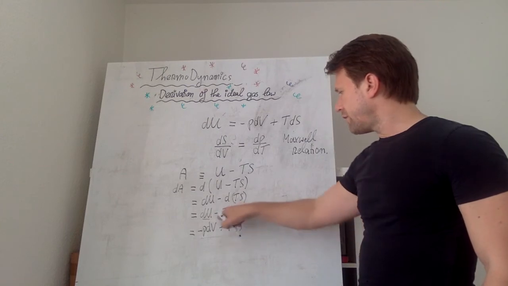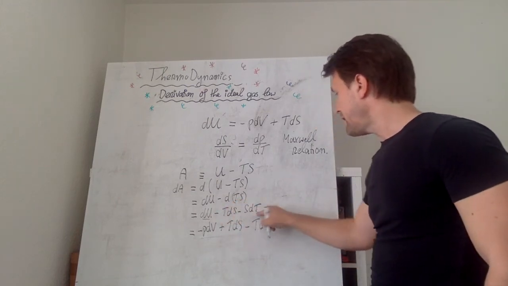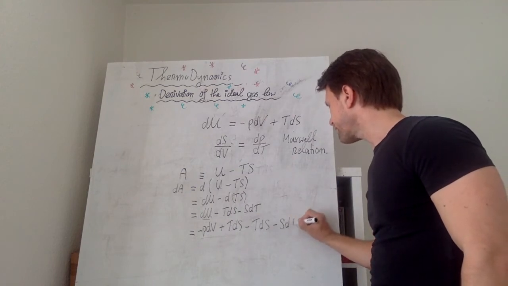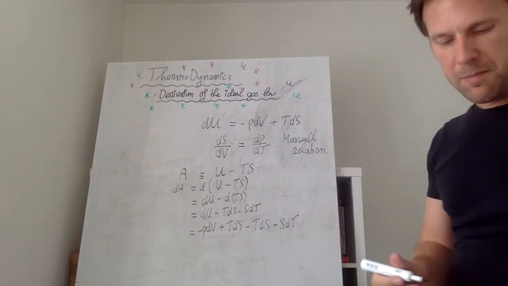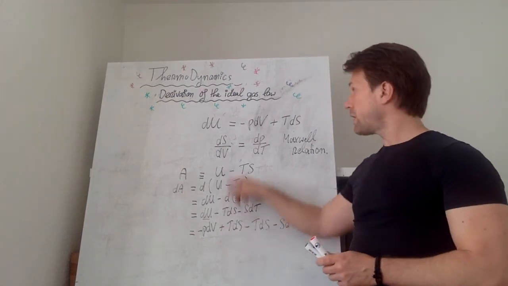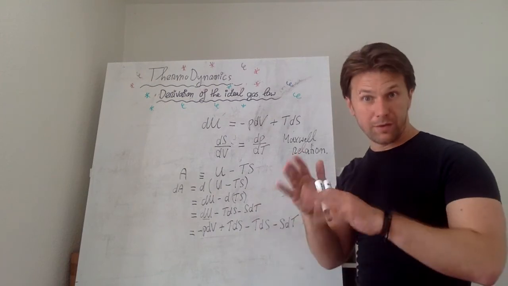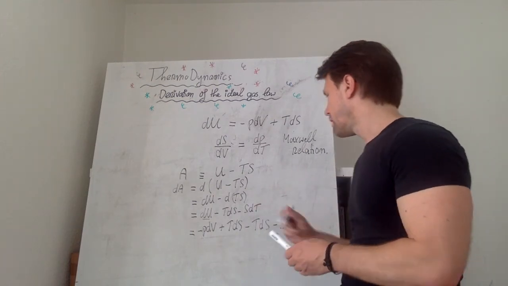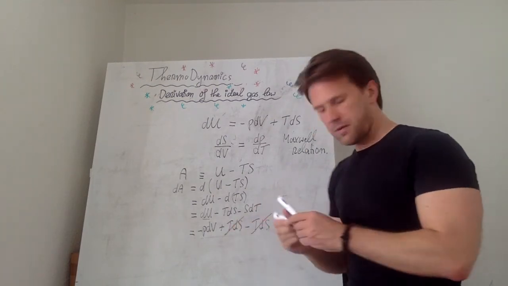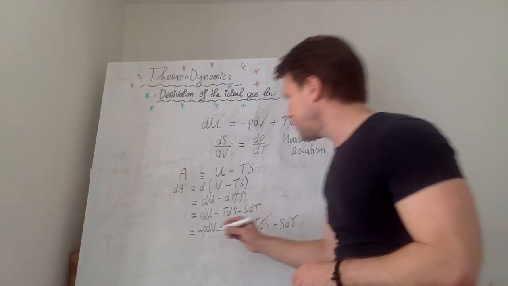And then there's all this other stuff, minus TdS, minus SdT. And what you immediately see then is that this TdS that comes from here and the minus TdS that came from the product rule are going to cancel each other out. And that's because Helmholtz, the scientist, wanted that to happen. Because look what we have now.